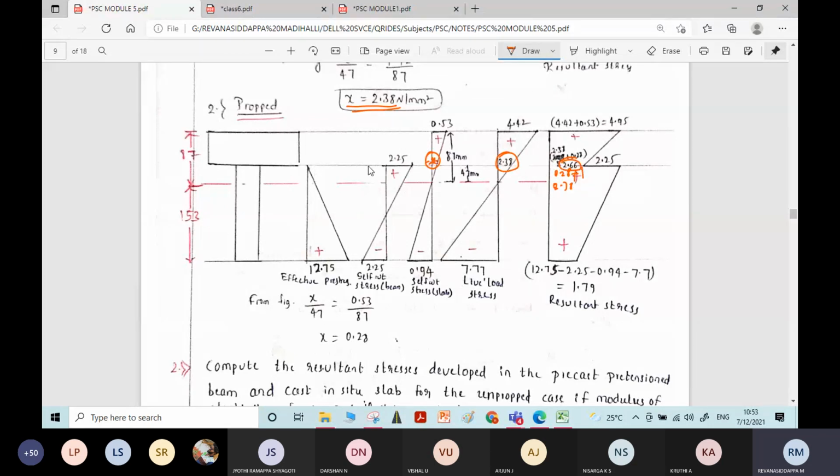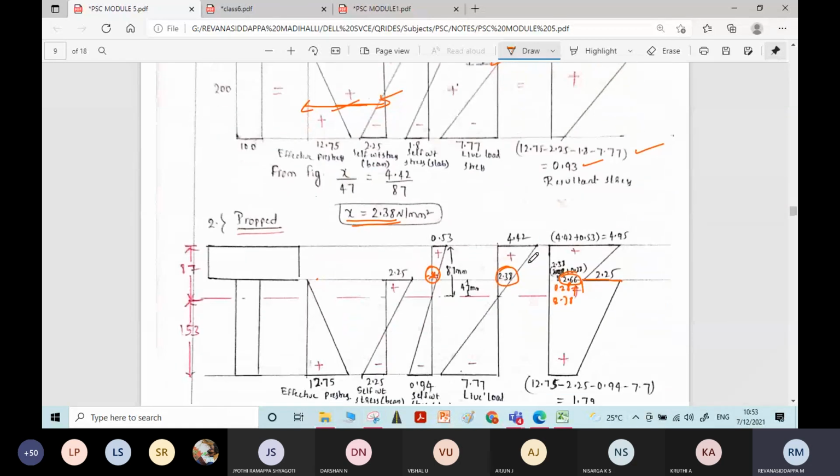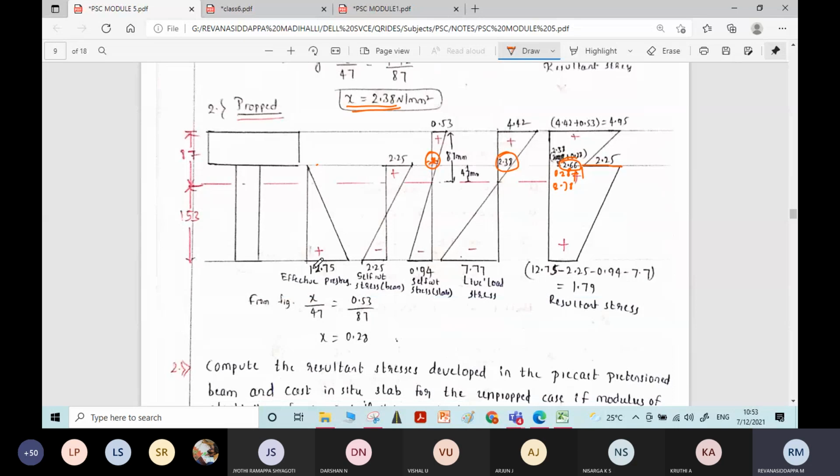Then the stress corresponding to the top fiber of the beam is 0 plus 2.25, increasing to 2.25, and here 1.79, the same value. 1.79 is the summation of the bottom stresses.